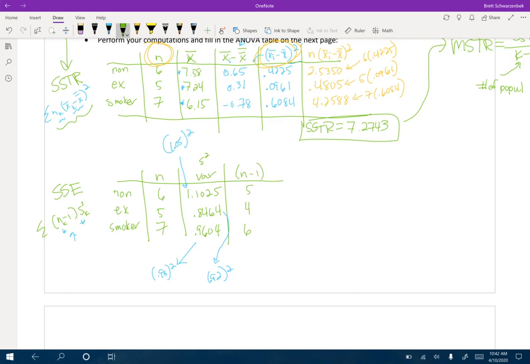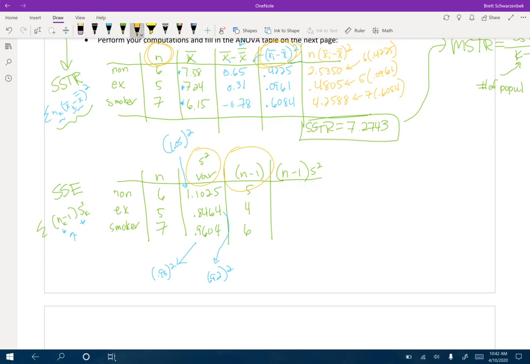So the last column is what we need. We need n minus 1. We don't need the k there. It's technically k, but so we don't get confused. And then s squared. So we're going to do basically this column times this column. It's going to be 1.1025 times 5. Oh, actually, you know what? Let's just do the whole thing. I'm going to do it like I've been doing it.